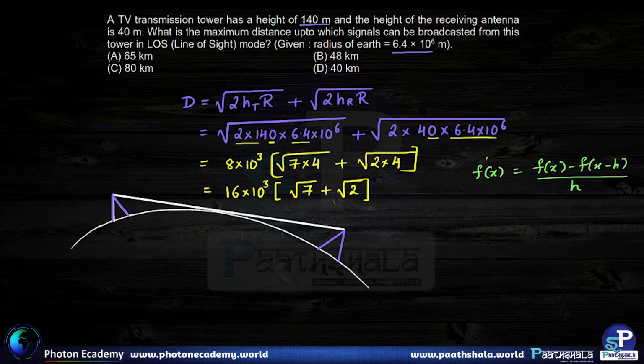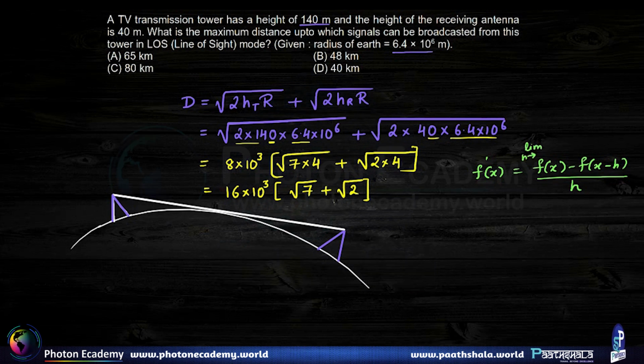Of course this is in the limit h tending to 0, but we are going to use this expression for approximating the value of root 7, because usually the value of root 2, which is 1.414, is known, but the value of root 7 is usually not known.